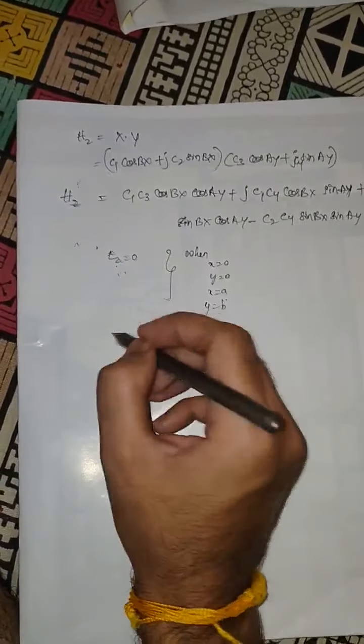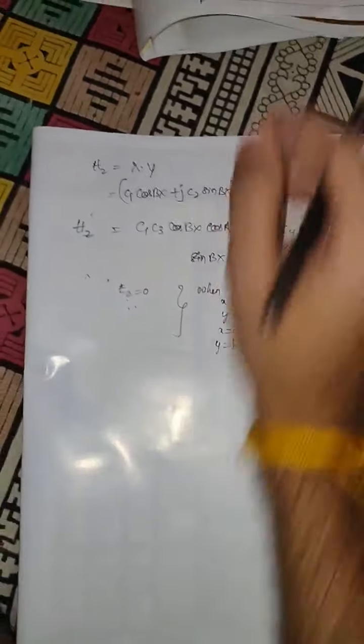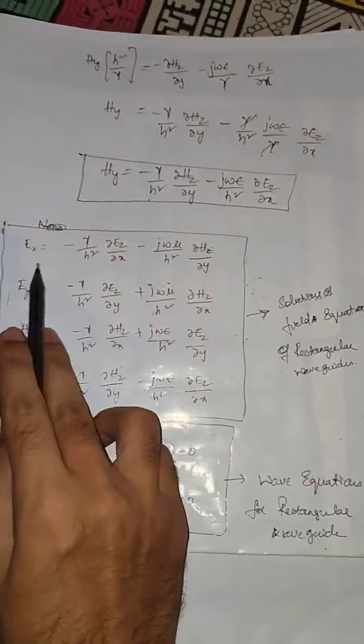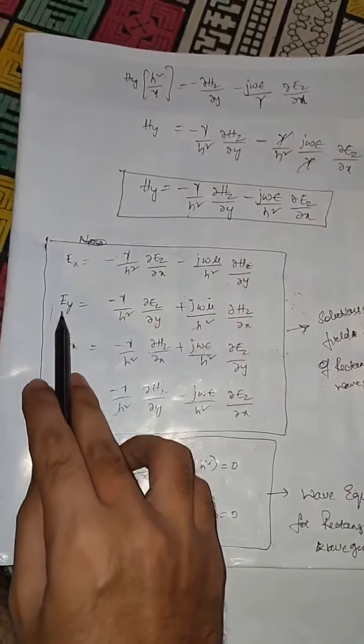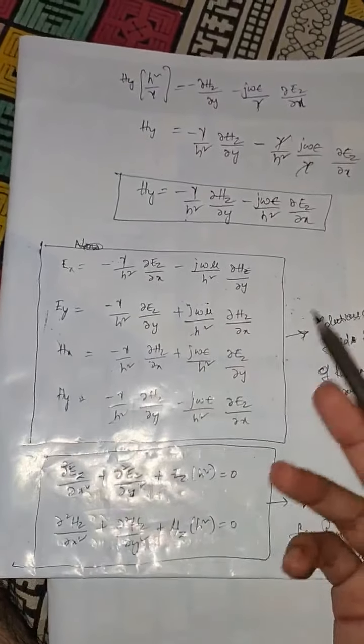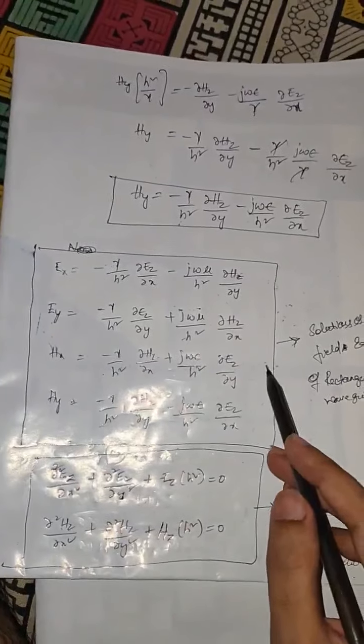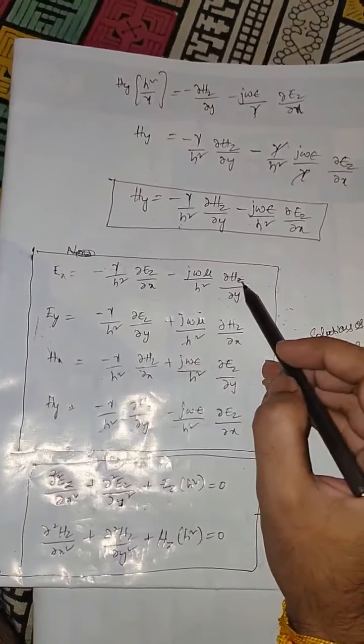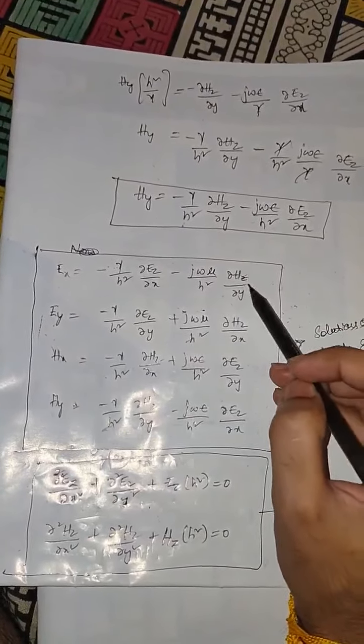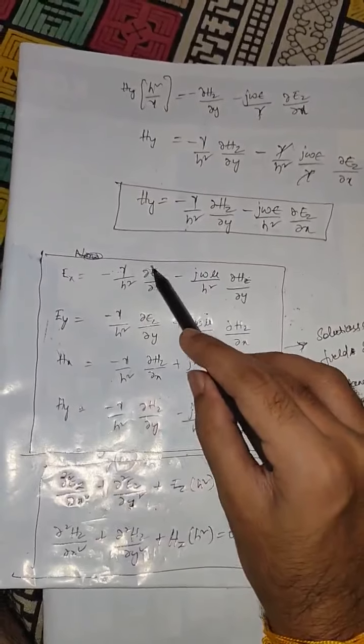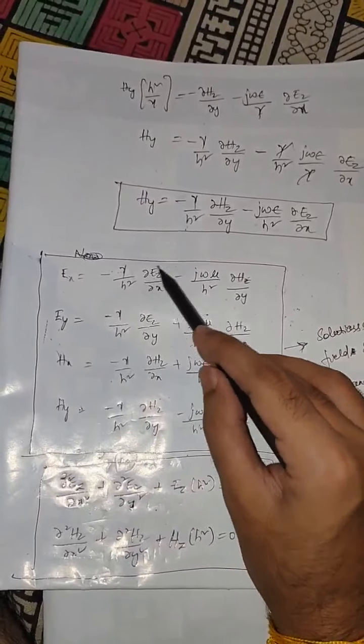So we can solve this by using the Ex, Ey, Hx, Hy equations. These are the formulas for Ex, Ey, Hx, Hy. We have already derived them in the last class. We can see from this equation that in the transverse electric mode we are substituting Ez equal to 0.